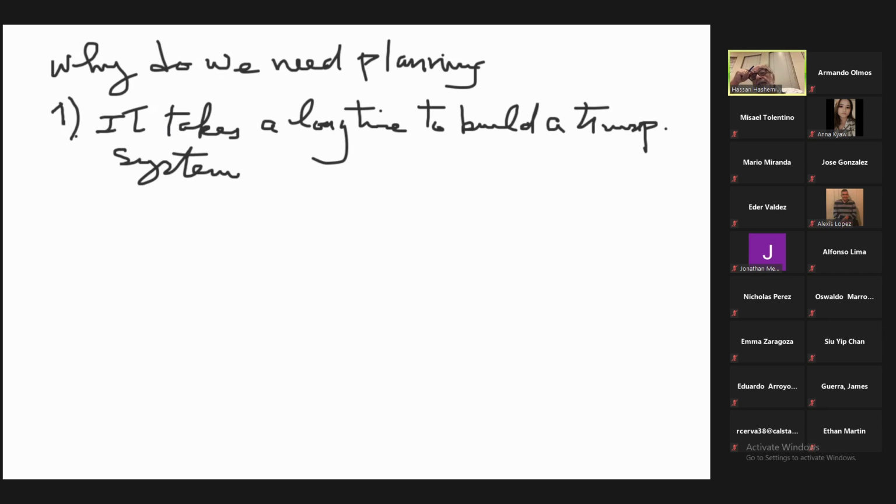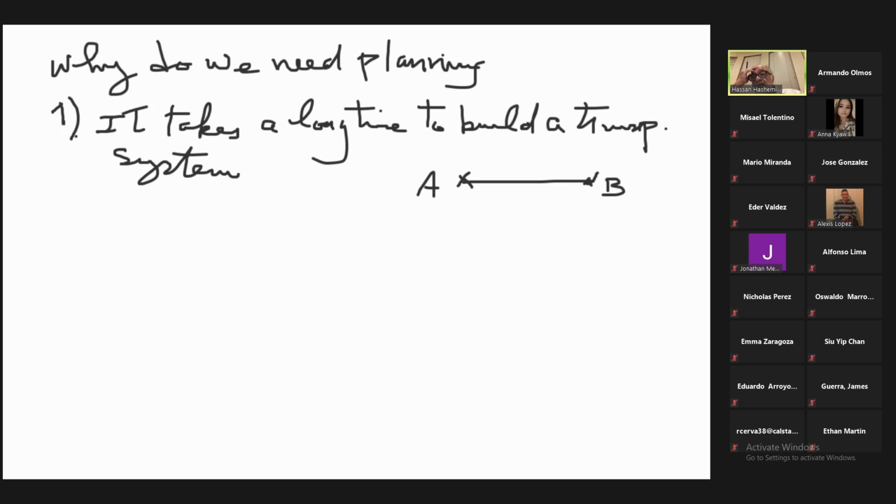For instance, a freeway, on average, takes between 10 to 15 years. So if you decide to build a highway from point A to point B, from the first day, it might take you up to 15 years to complete that.